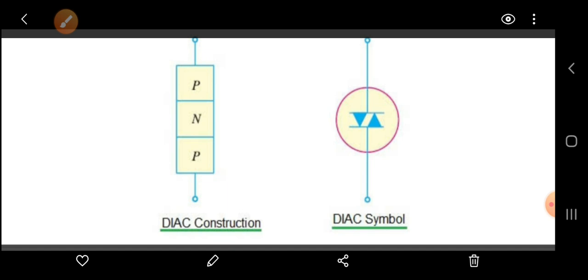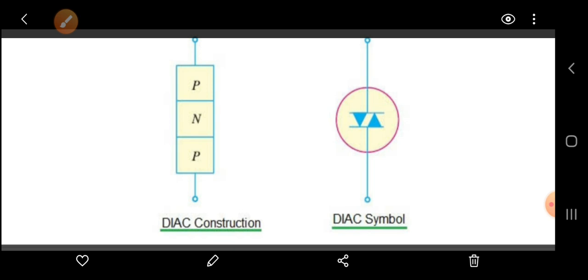It is because both the diodes are oppositely connected, so they allow the current to pass through. And the PNP structure you are observing here, the impurities are not added in the same fashion as in a transistor, so it is not created in that way.